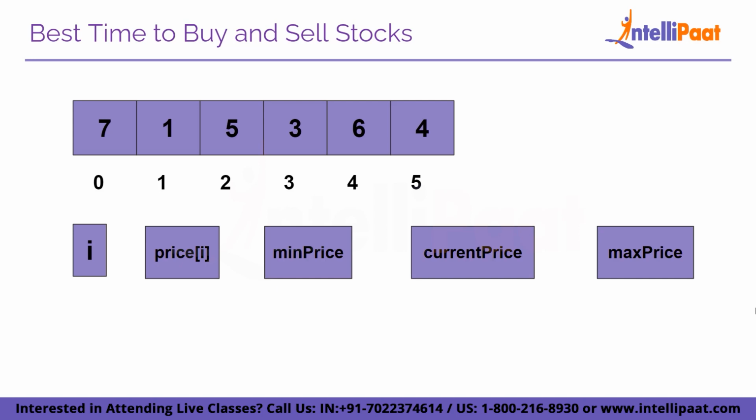Now coming to index 4. The prices at index 4 is 6 and the minimum price is 1. Here the prices at index 4 is greater than the minimum price, so we will find the current profit, which is equal to 5. After that we will compare the current and the maximum profit. Here we can see that the current profit is larger than the maximum profit, so we will update the maximum profit to 5. Now that's all.